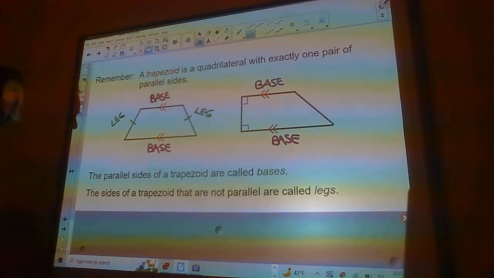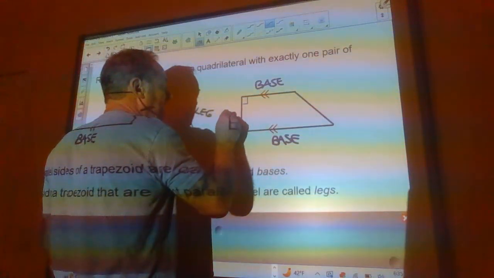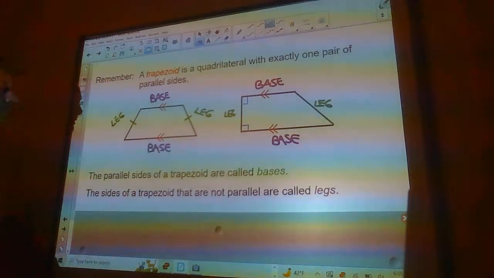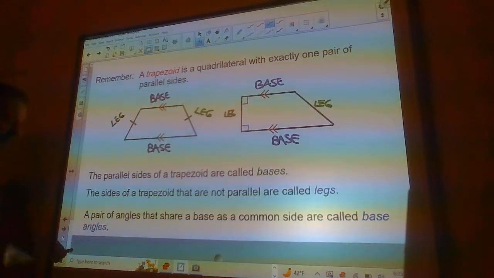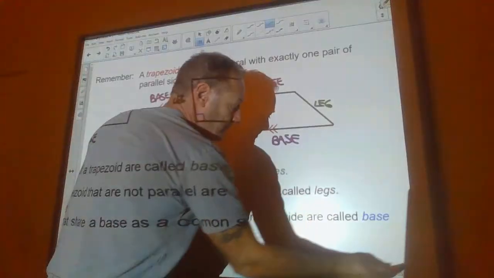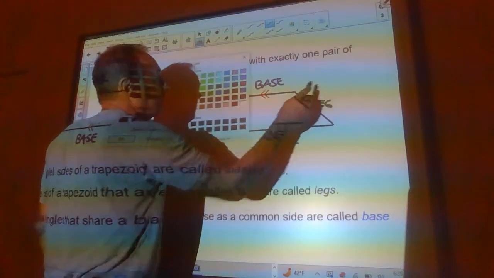The sides of a trapezoid that are not parallel are called legs. So over here, this would be a leg, and this would be a leg because they're not parallel. A pair of angles that share a base as a common side are called base angles.